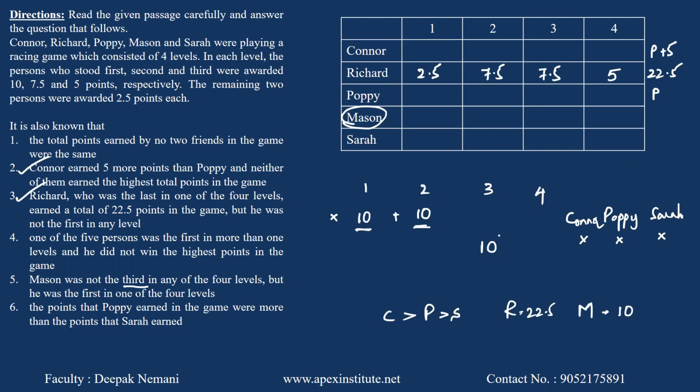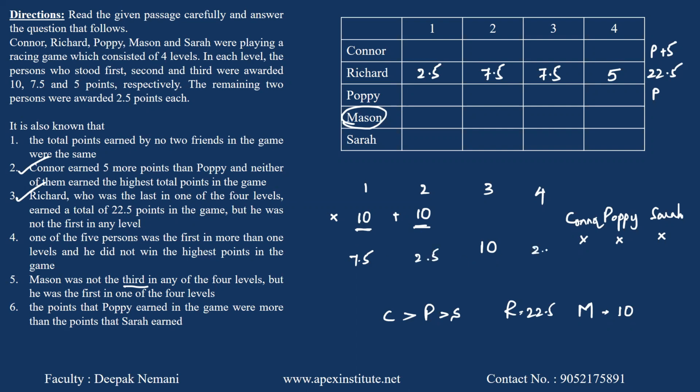So that should be Mason only. So Mason's score should be greater than 22.5, and given that he was not third in any of the four levels, he should be second in first level. Now, 10 plus 7.5, 17.5.